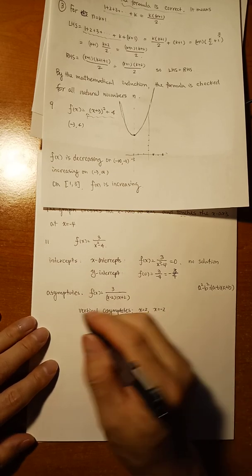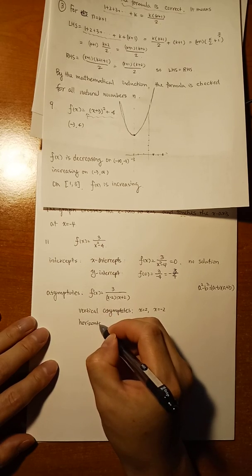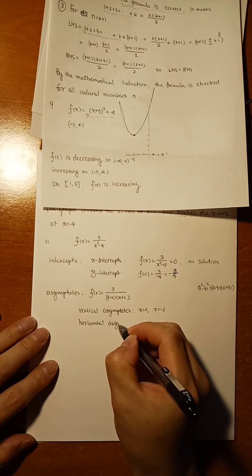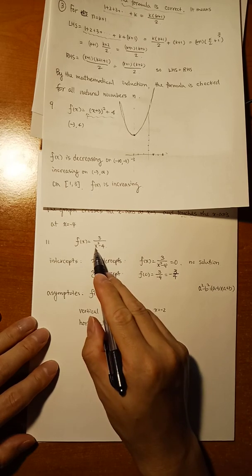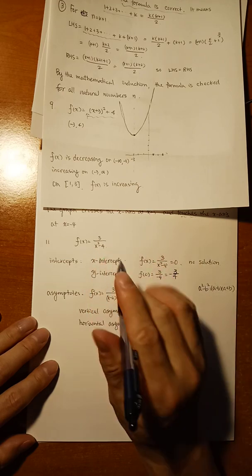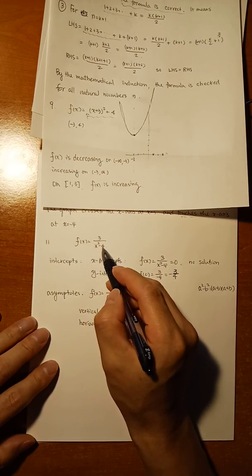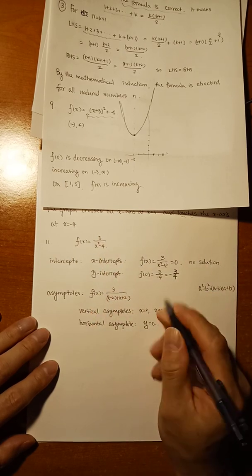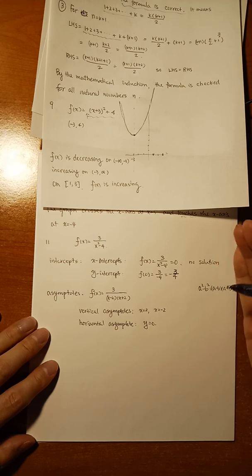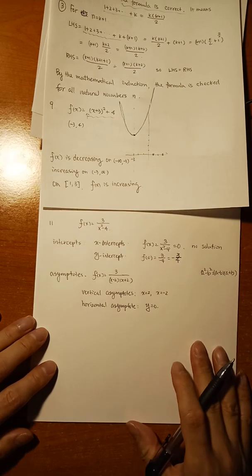And the horizontal asymptote: you let x approach infinity, very, very big. When x is very big, x squared is big, x squared minus 4 is also big. 3 over a huge number will be 0. It's almost nothing. So this is a horizontal asymptote.